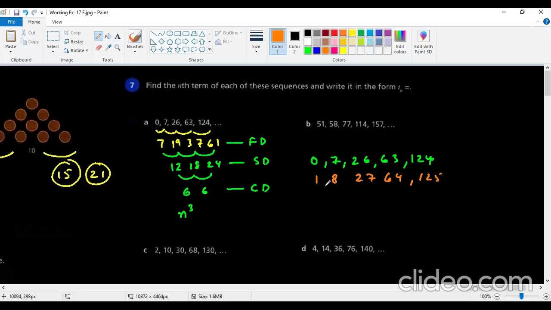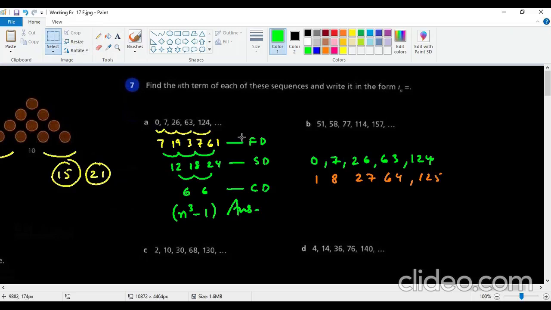You must notice that there is 1 extra in each. So what should we do to make 1 into 0? We subtract 1. Subtract 1 from 8 makes 7. Subtract 1 from 27 gives you 26. That means n cubed minus 1 is the term rule for this question.